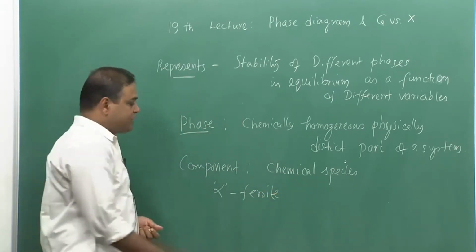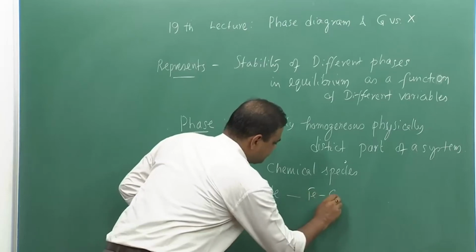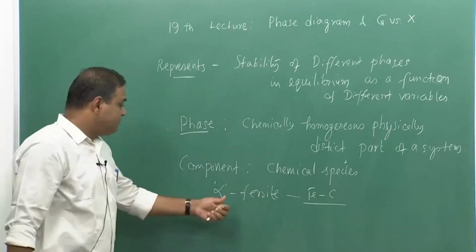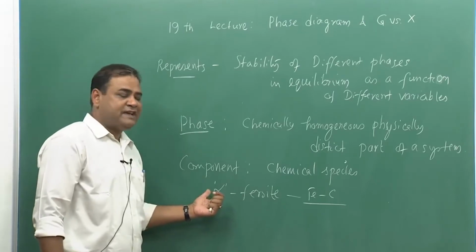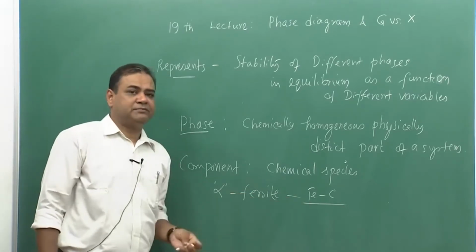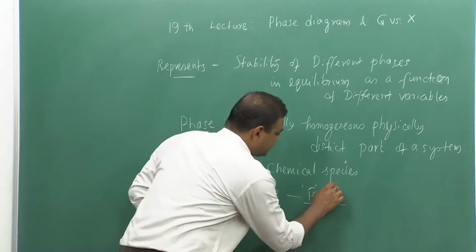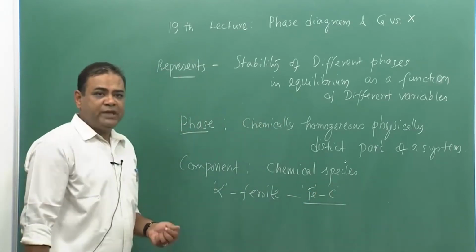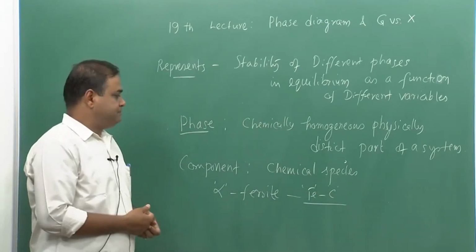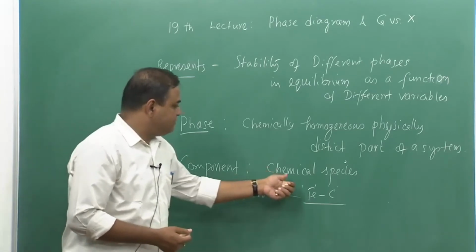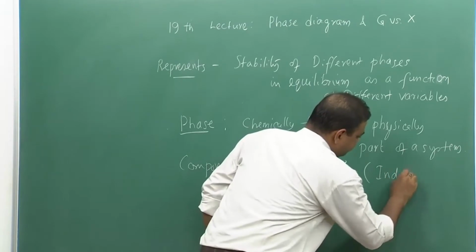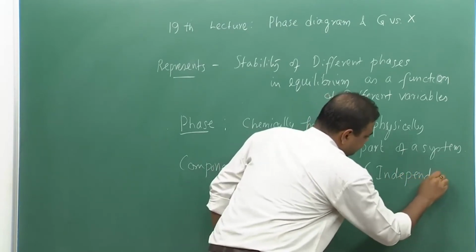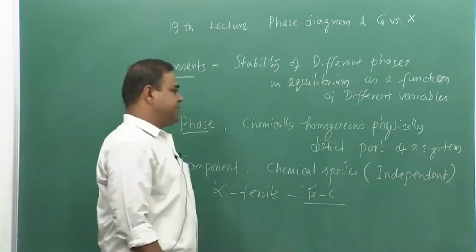So, in the ferrite we have iron and carbon. So, that time ferrite is not that chemical species because it depends on iron and carbon. So, that means iron and carbon will be my two components. And then chemical species, that means they should be independent. Independent component.